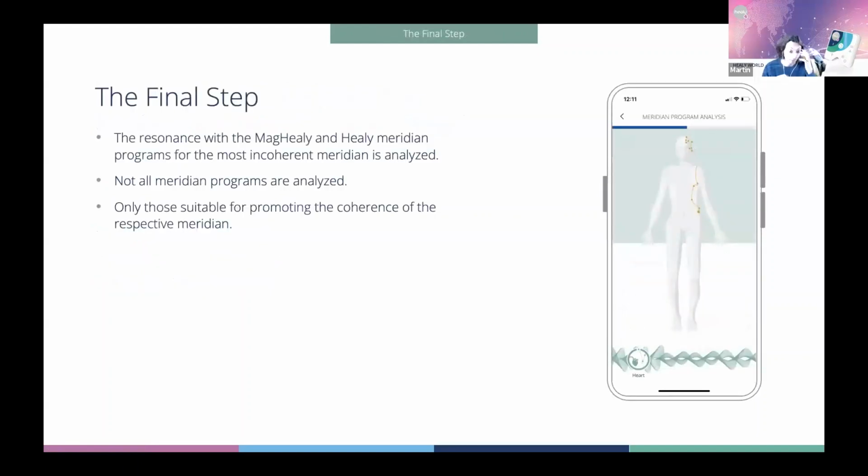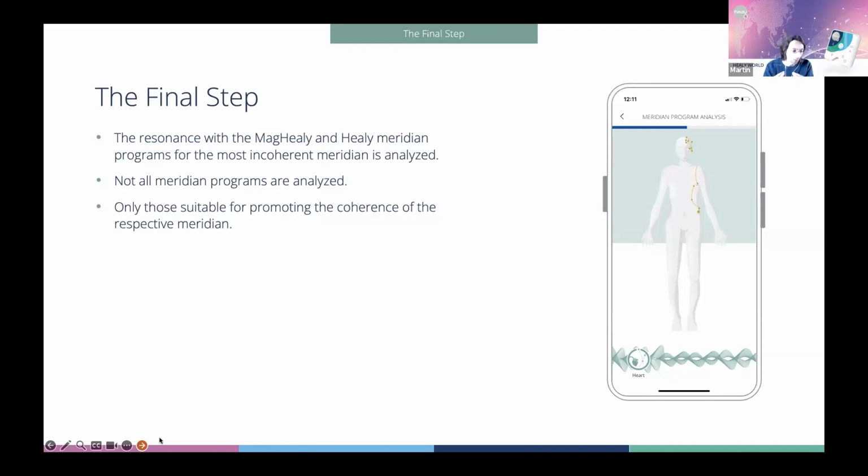And of course, in the final step, you also analyze the resonance with the McHealy and Healy meridian programs. So that means every meridian, for its incoherent states, hyperactive or hypoactive, has certain meridian programs that are there for harmonizing the bioenergetic field.